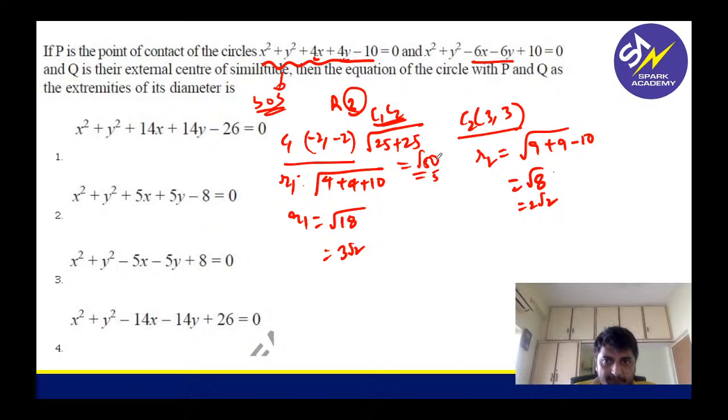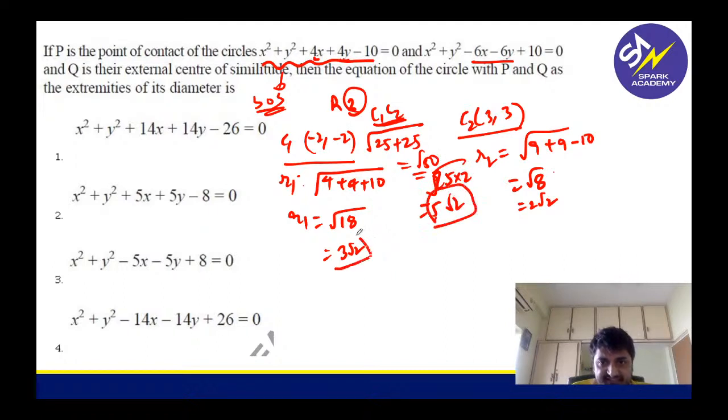Minus 2 minus 3 is 5, square 25, 25. This is what you are getting. So root 50 is what, guys? This I can write as 25 into 2. So I am getting 5 root 2.